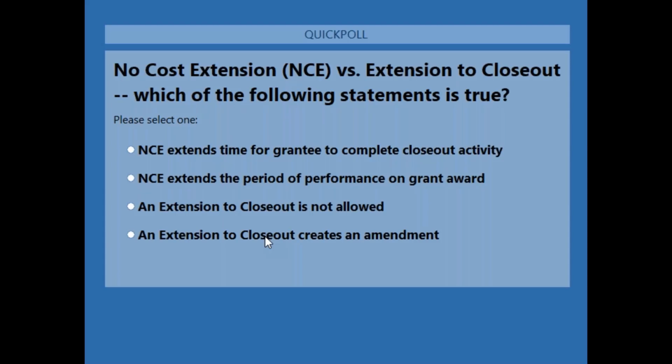Okay, this is what we talked about a little bit earlier. This has to do with the no-cost extension versus extension to closeout. Probably should have launched this a little bit earlier. Okay.